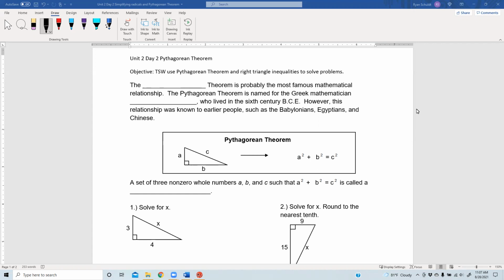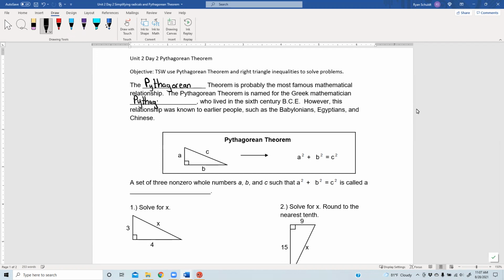Now, if you were in class last week, when we introduced the Pythagorean theorem, I gave y'all a little tidbit of information that the Pythagorean theorem is probably the most famous mathematical relationship. However, Pythagoras did not come up with it.